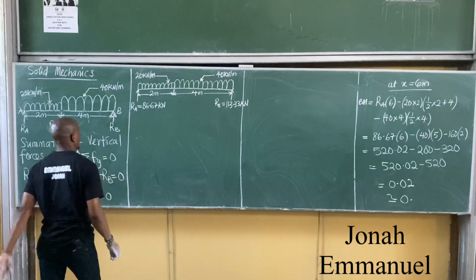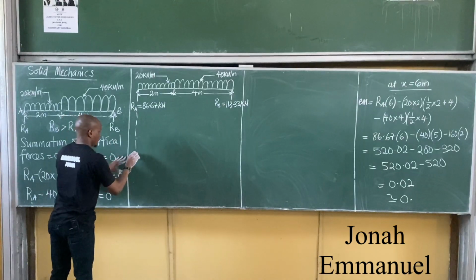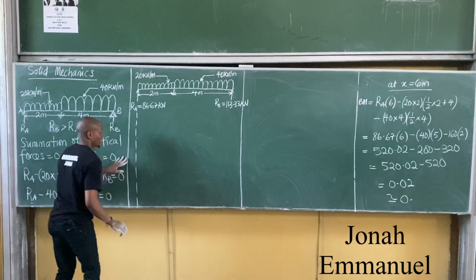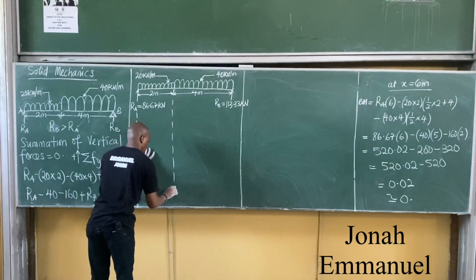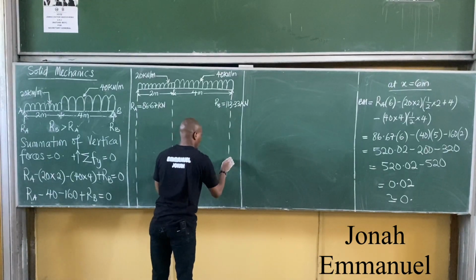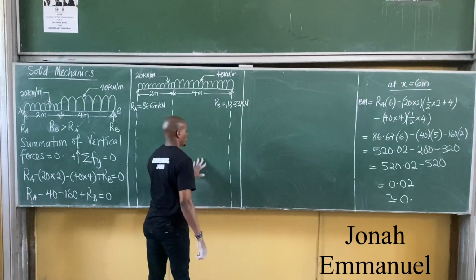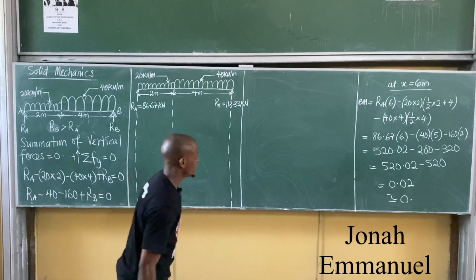Alright, so bring down short dashes at points where you took intervals. That becomes a short dash here, here 2, short dash, here 2, short dash. Alright. Bend moment, any negative value?